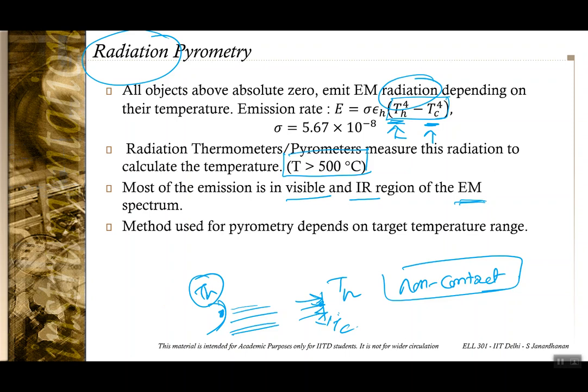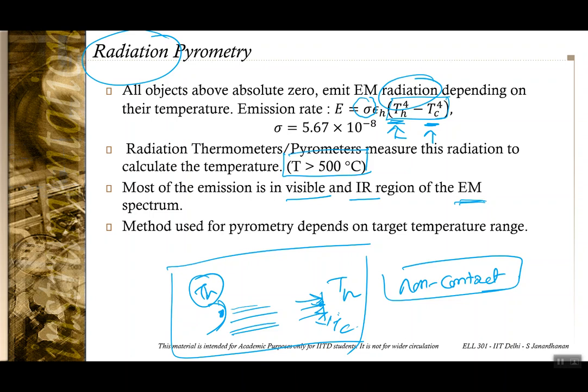inferred. What is to be remembered here is that the concept of pyrometry is dependent upon the emission spectrum of the hot body, and therefore the temperature, and that is a very important factor. Okay, we should know what the emission spectrum of the hot body is to be able to predict the temperature of the hot body.